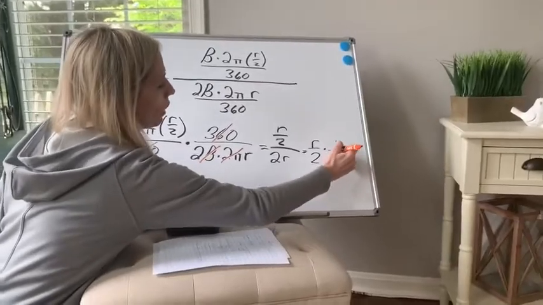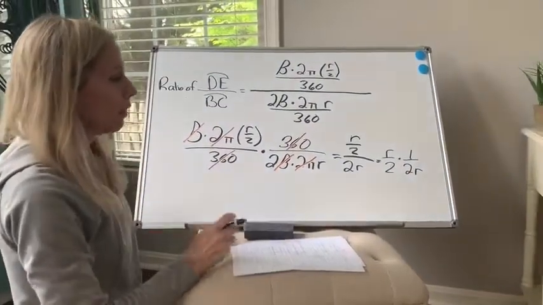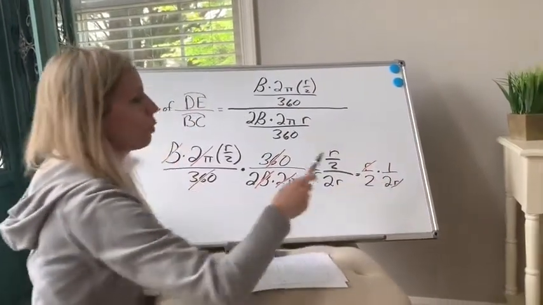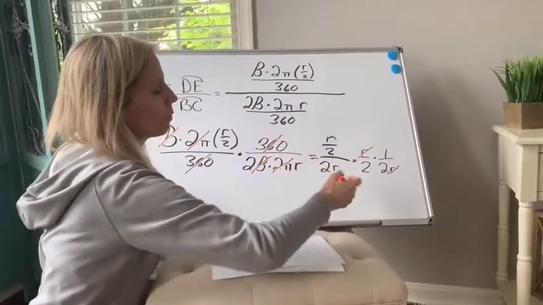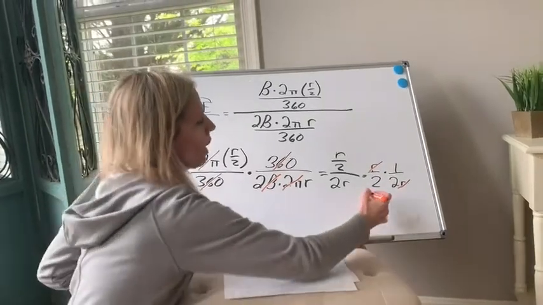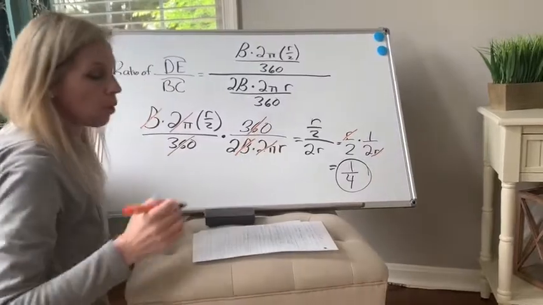So that would be 1/2r. All right, when I do that then, I want to see what I can cancel, so I can cancel my r's. So what that leaves me with is a 1 in the numerator and a 2 times 2 in the denominator. So that means my final answer here is 1/4.